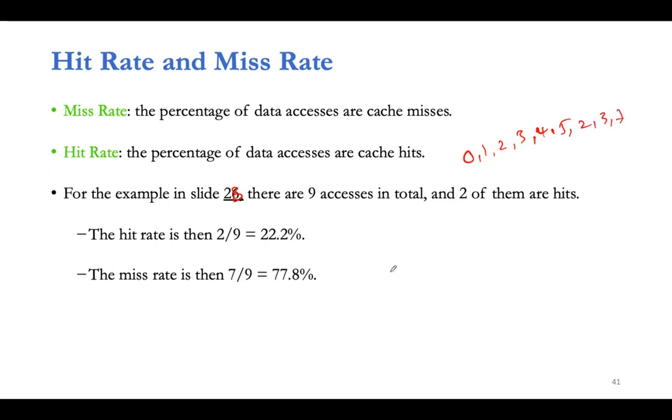Total 9 accesses, and 2 of them are hits. All the remaining are misses. So the hit rate is 2 divided by 9, that is 22.2%, and the miss rate is 7 divided by 9, that is 77.9%.